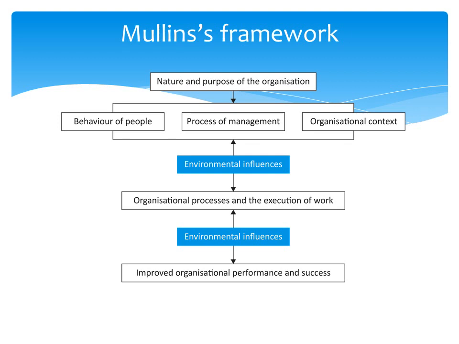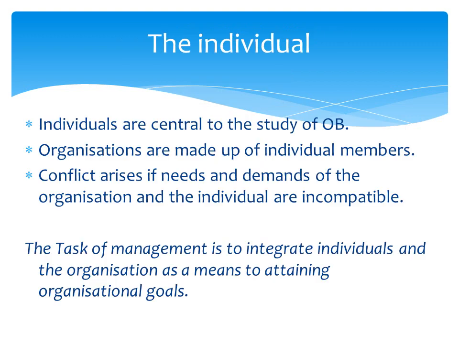The nature of the purpose of the organisation is impacted by people, management, the context, and you can see the environmental influences feeding in there. And we've got processes and improved processes. That framework is in my study notes, and it's quite a good revision aid for the main aspects that we're going to cover on this course.